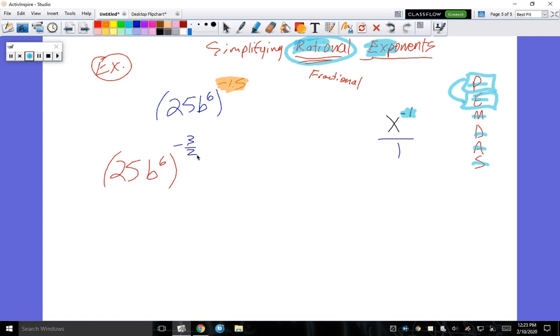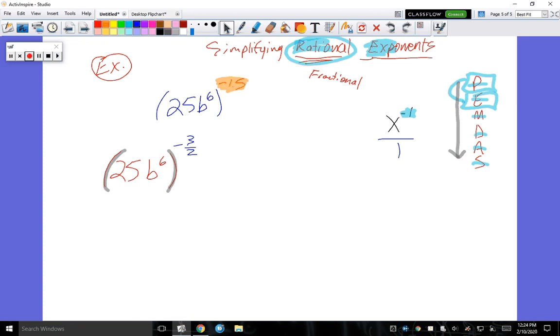Now, this parentheses, guys, there are so many different things that you could do from here. It depends on you and what order you like to work things in. Some people like to work with the negative powers first. Some people like to do parentheses, or they'll work fractions inside the parentheses. To me, I like to distribute.